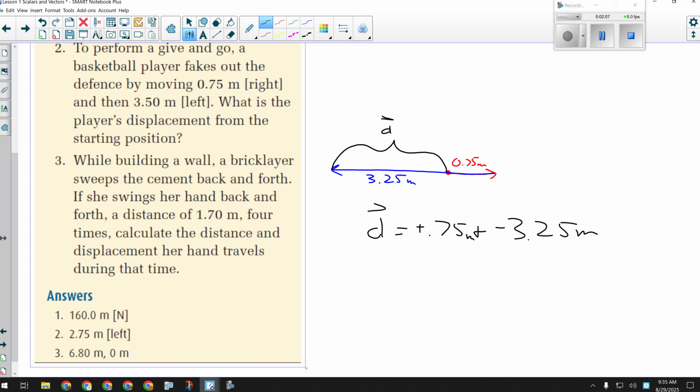Is that essentially what I'm doing here? The whole blue line is 3.25 meters, but I only need to know this much of it. That would be 3.25 minus that much, right? So if I do that, then I should end up with 2, no, sorry, 2.5. I'll end up with negative 2.5 meters, if my mental math is okay.